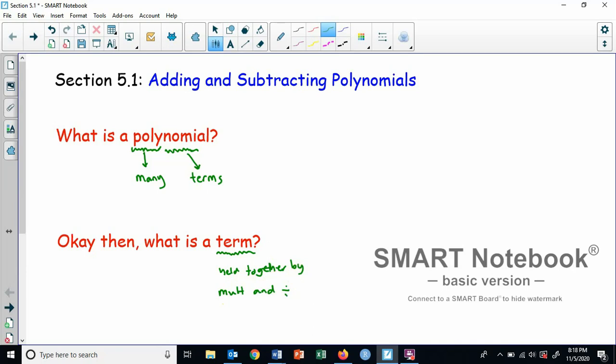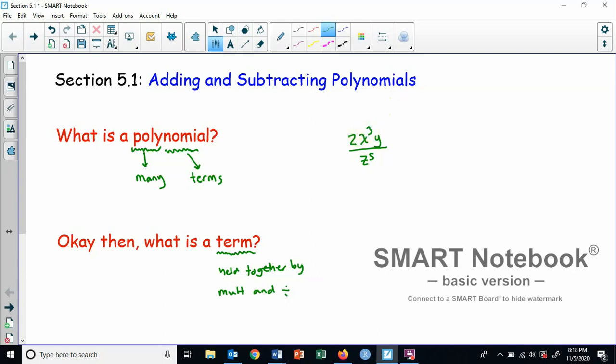So things that are multiplied together and divided together, like 2x to the third y, that is a term, because what's holding it together are multiplications. I could even throw a division in there, divided by z to the fifth. Everything is held together by a division or multiplication.